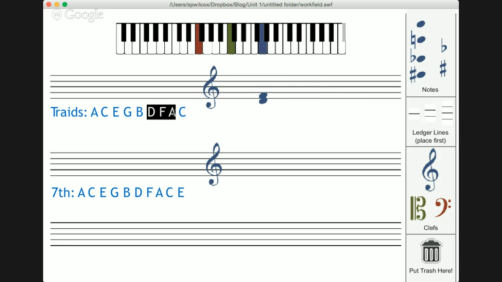Because we need a D, F, and an A. 1, 2, 3, A flat. So minor third between D and F, minor third between F and A flat. It's that simple.